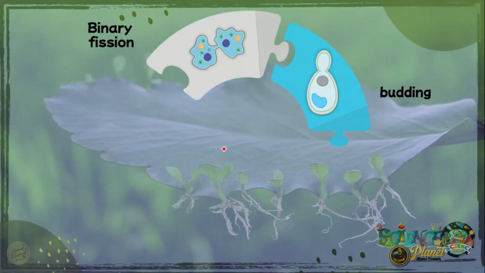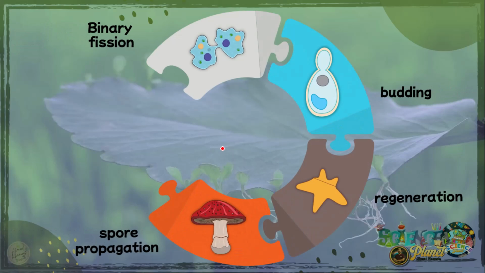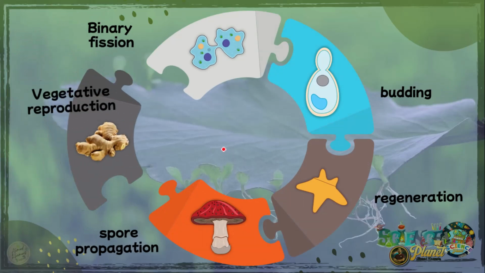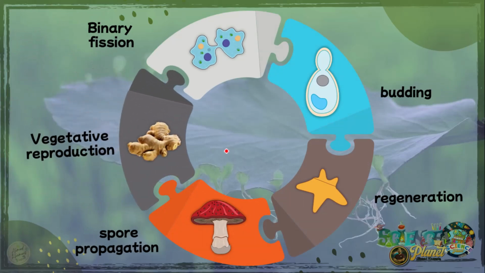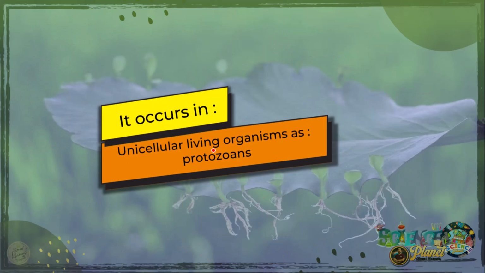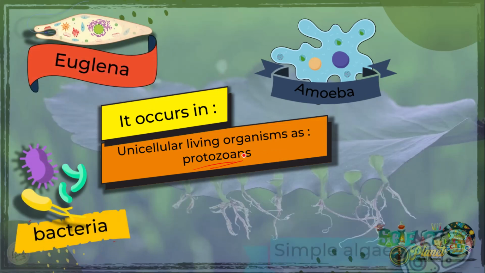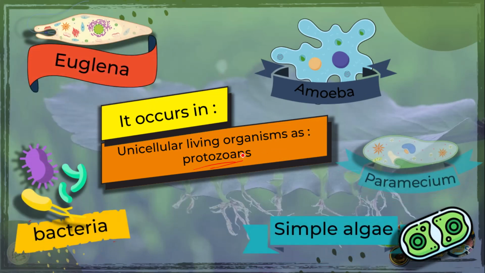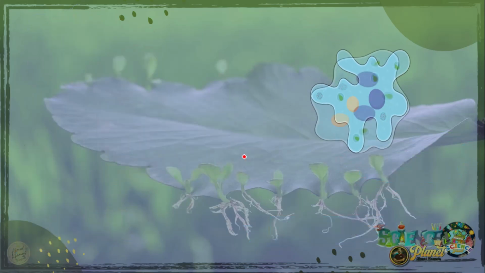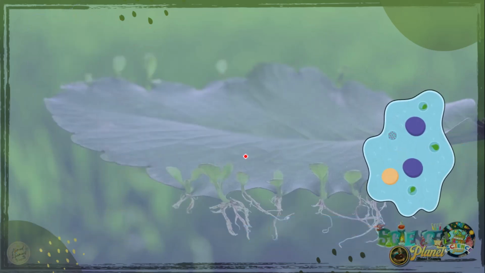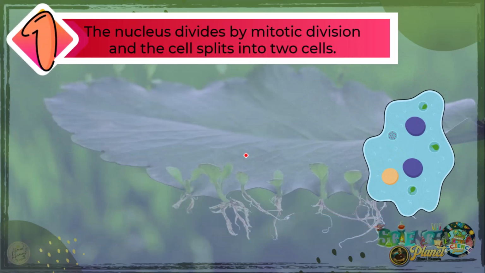We have binary fission, budding, regeneration, spore propagation, and vegetative reproduction. Binary fission happens in unicellular organisms such as protozoans, amoeba, euglena, bacteria, some simple algae, and paramecium. And in binary fission, the nucleus divides by mitotic division, and the cell splits into two cells.